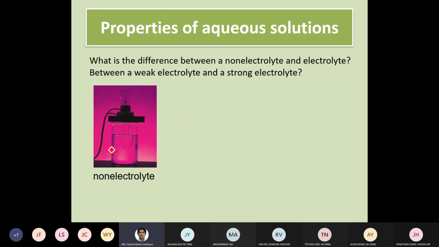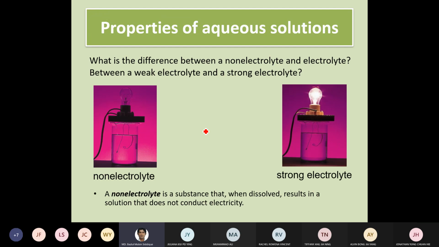For example, those with ionic bonding, or those that produce polar covalent bonding, will be electrolyte solutions. Although the more the ionic strength, the more strongly electrolytic they will be. Take the example of sodium chloride. Sodium chloride is an ionic bond between them, because the electronegativity difference is more than 2.